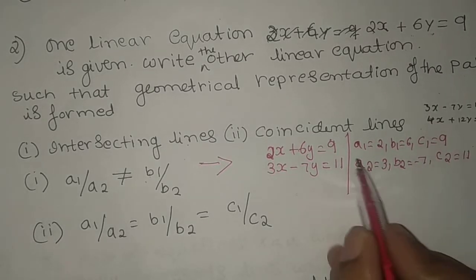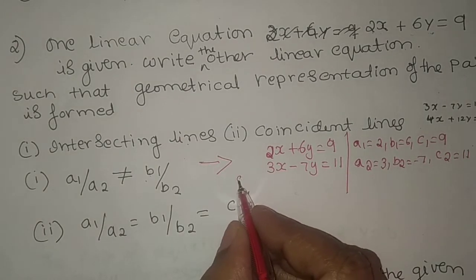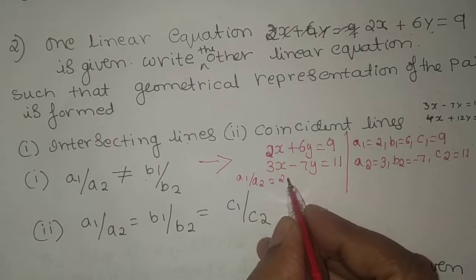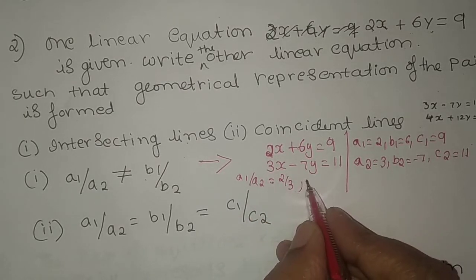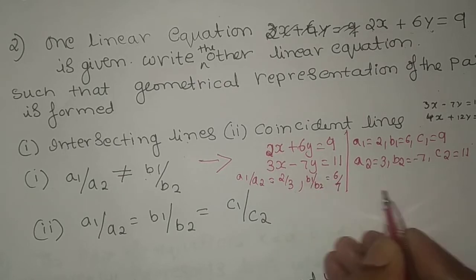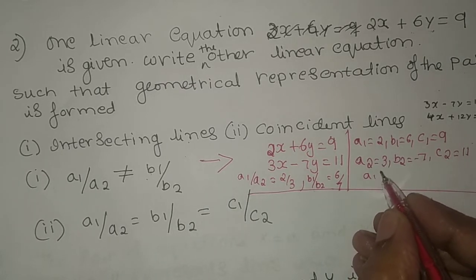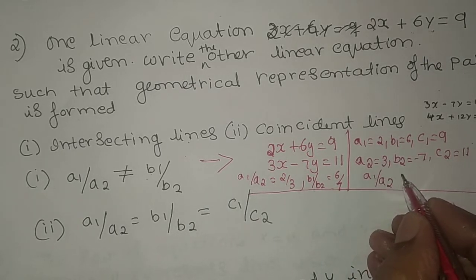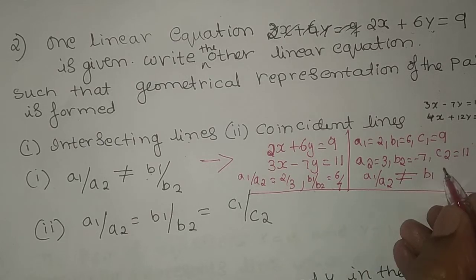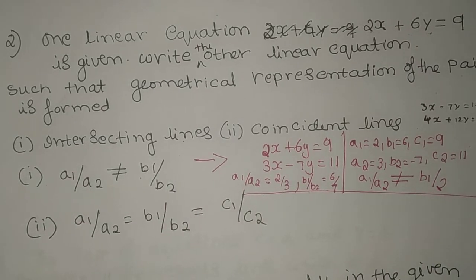Therefore A1 by A2 is equal to 2 by 3, and B1 by B2 is equal to 6 by minus 7. Therefore we have proved the condition A1 by A2 not equal to B1 by B2. This is for the first case, the intersecting lines.